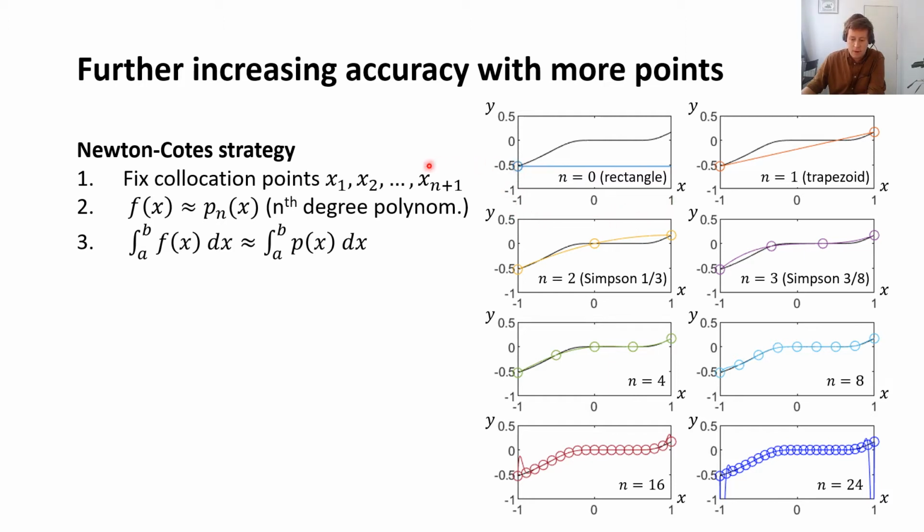By choosing a different n, so a higher degree of the polynomial, which corresponds also to taking more and more points in the integration interval, so more collocation points where we evaluate the function, you see that we end up with different approximating polynomials.